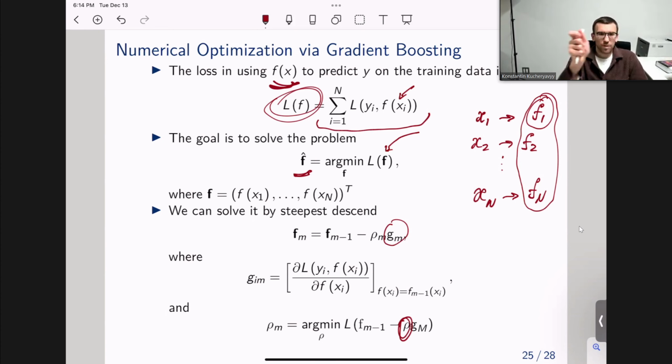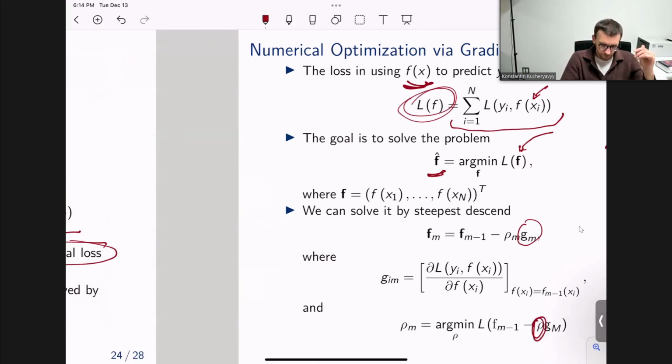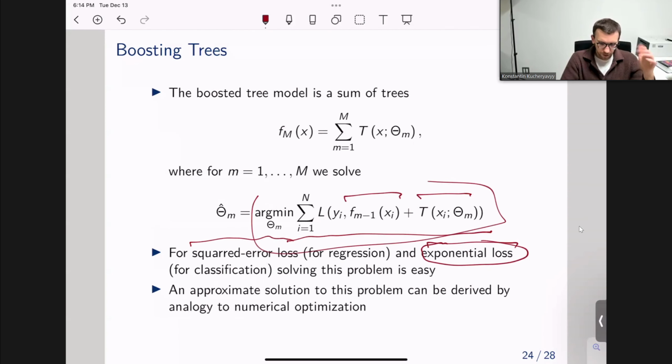And by parameterizing them with rho, the size of the derivative, we can be controlling this overshooting and undershooting on average. And so this is the general idea about how we can approximate the solution of this minimization problem given the trees.